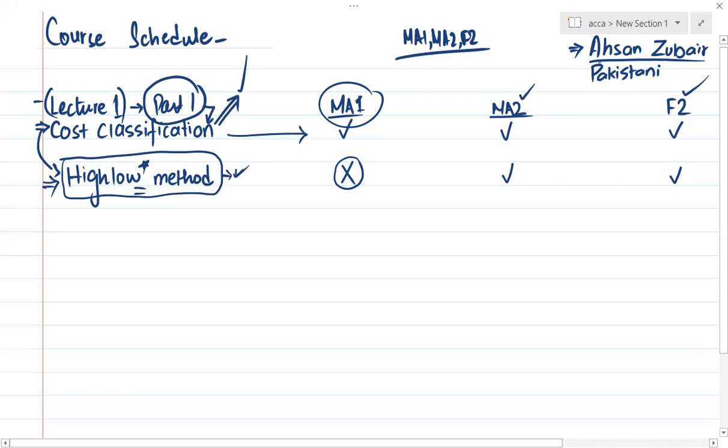But if they want to do that for knowledge or for pre-preparation of MA2 or F2, they can do that. You are allowed to download these lectures, but you are not allowed to sell them, as my mission is not to earn money from you. I think it would be unethical to sell these lectures, so don't even try. Yes, you can download them and share them with friends, but for free.